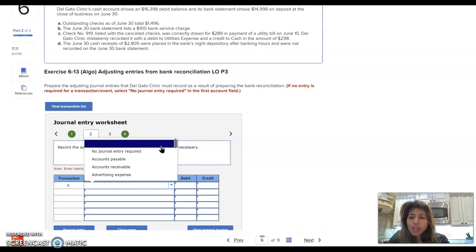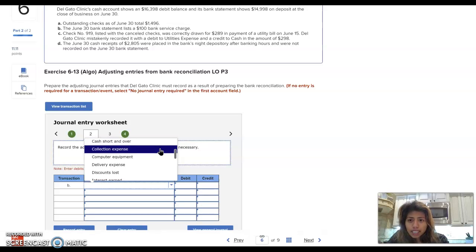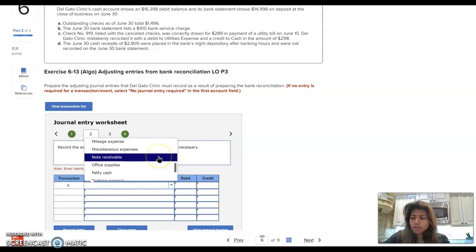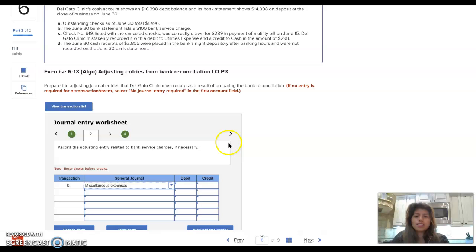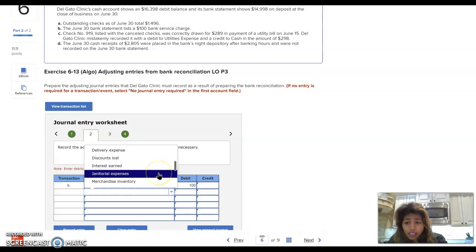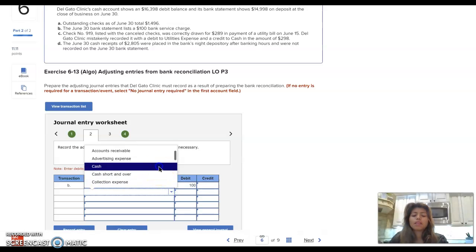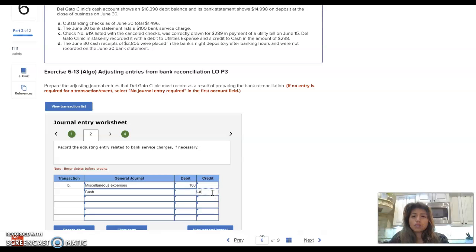And so we will record it as a miscellaneous charge because there is no service bank charge. So record the 100 as a debit and then it'd be a cash credit. So let's go down here. I say cash, it's 100.